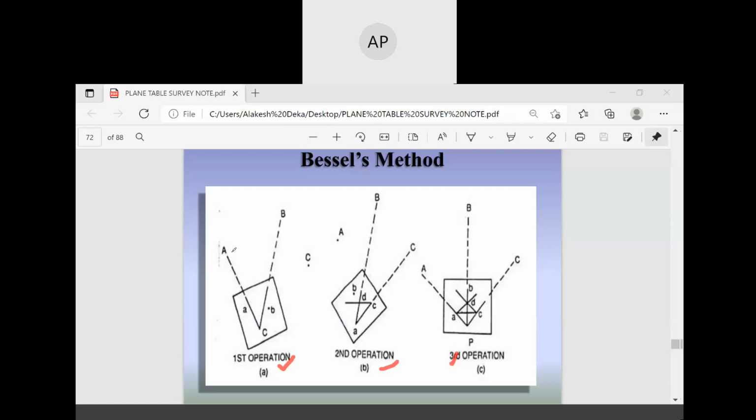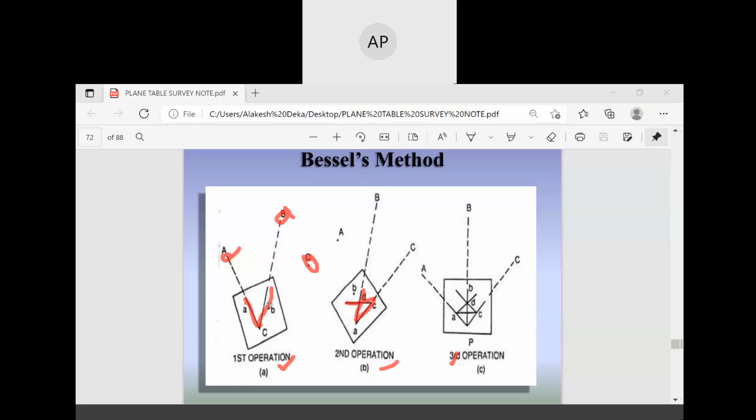So in the first operation, A, B, and C are these 3 points, and this distance is known. Then this is your second operation. You bisect point C, and this is your diagram in your drawing sheet.